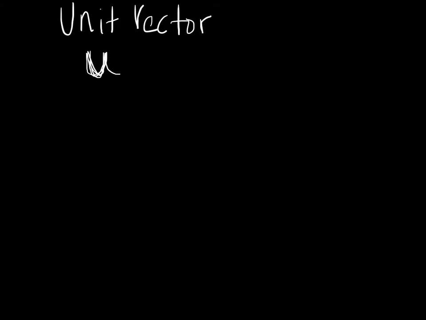Okay, so what's the deal about unit vectors? If you're given a vector u, we're going to highlight it in your notes. If it has the length of 1, which means it has the magnitude of 1, that's called a unit vector.